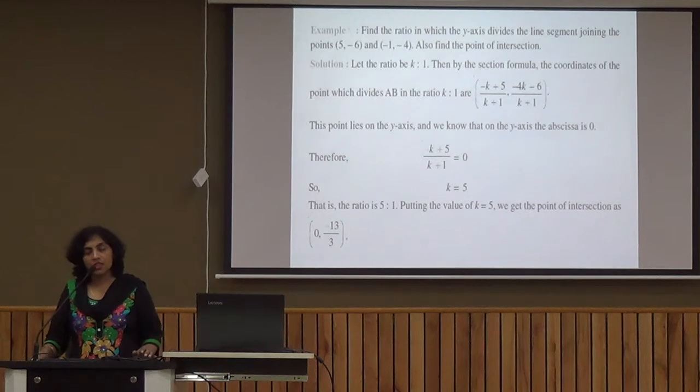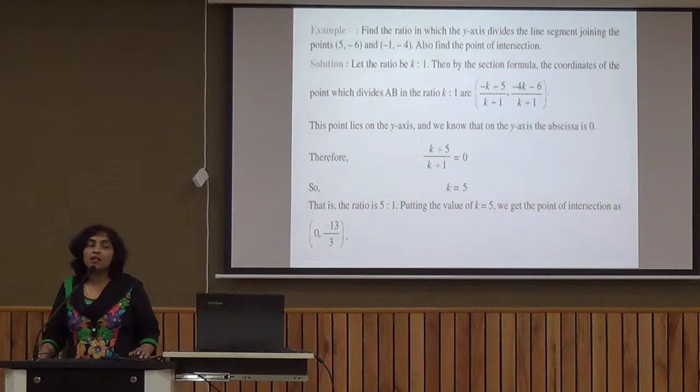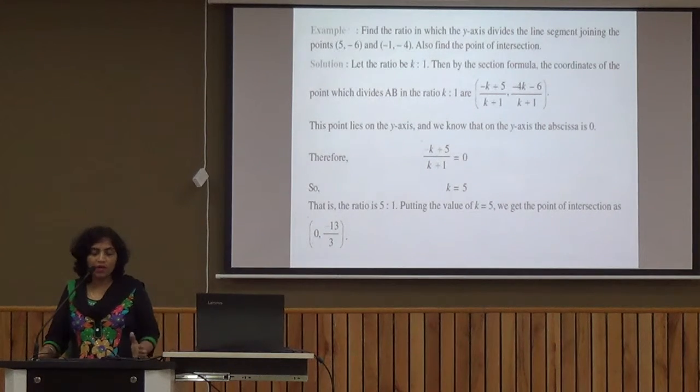Now using the section formula, we have the coordinates as minus k plus 5 upon k plus 1 as the x coordinate, minus 4k minus 6 upon k plus 1 as the y coordinate. Now since that point lies on the y-axis, that means the abscissa or the x coordinate is 0. That means minus k plus 5 upon k plus 1 is equal to 0, or we get k is equal to 5. Hence we get the ratio as 5 is to 1.